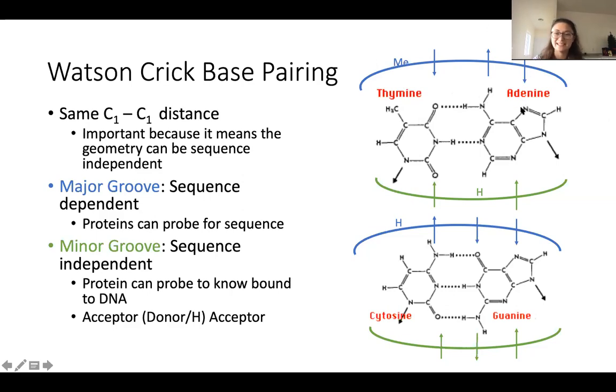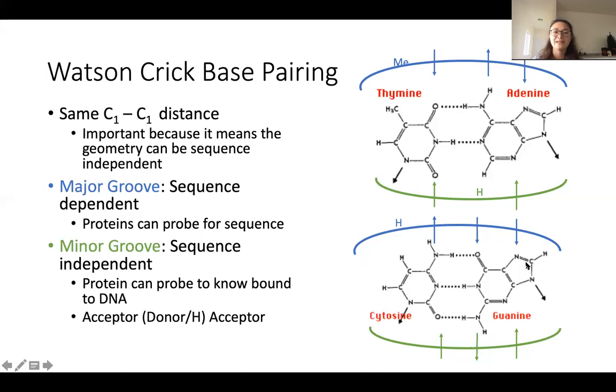If we have AT, it's going to be acceptor, donor, acceptor, methyl. So it's different depending on which way you read it. And same for CG, it's also different. So it's hydrogen, donor, acceptor, acceptor, and then it's different the other way.